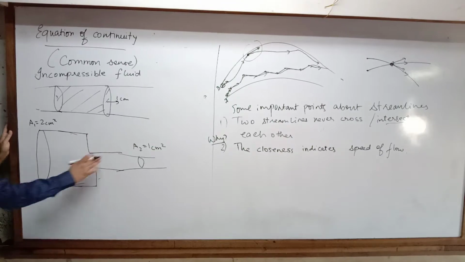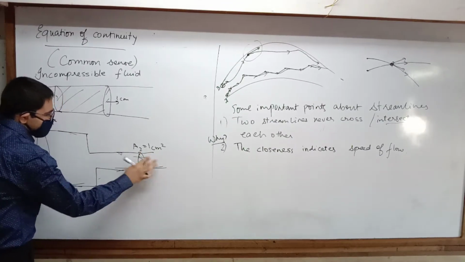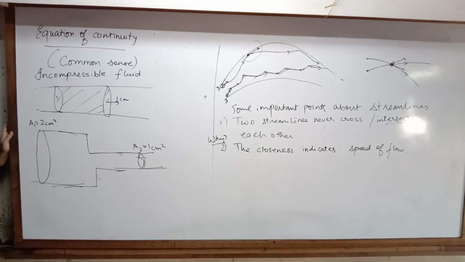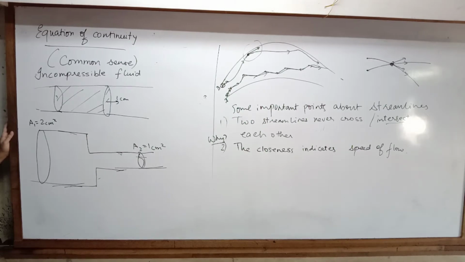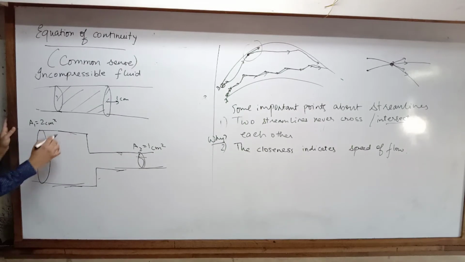Understood what I have drawn? In a syringe also you have the same thing. There is a broader part and then there is the nozzle which is very narrow. Agreed?